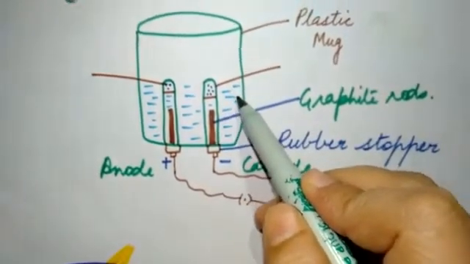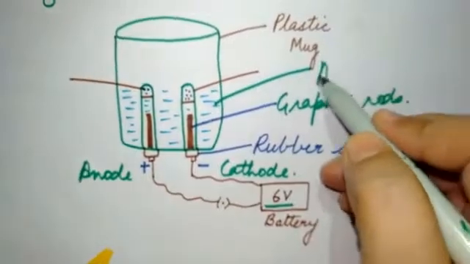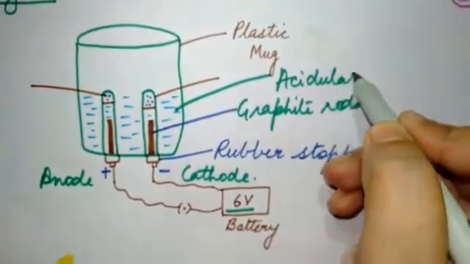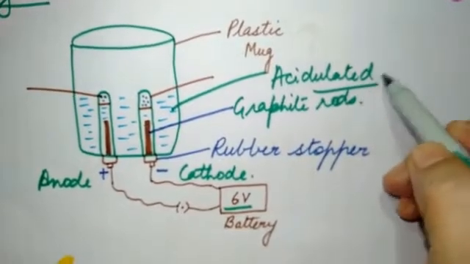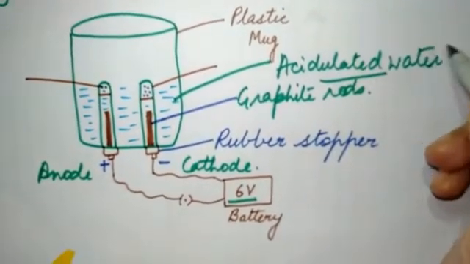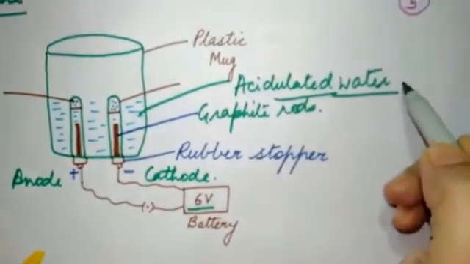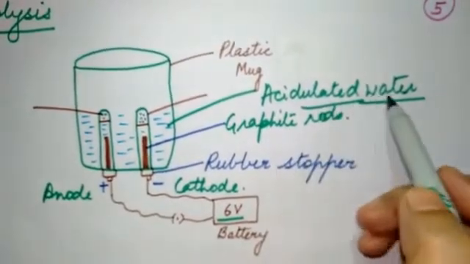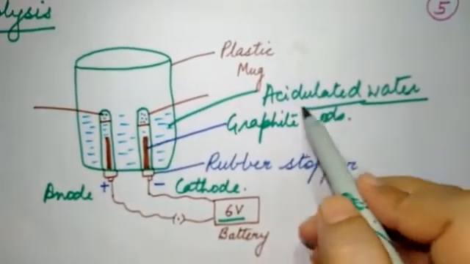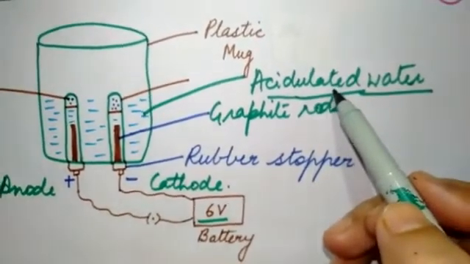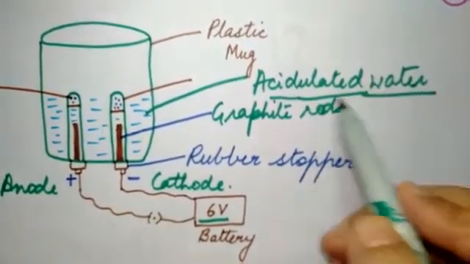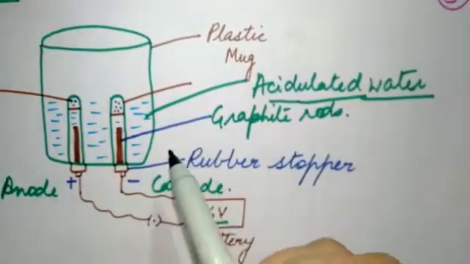Acidulated water means water along with drops of acid. We add this acid to make it conducting. Water is a conductor, but still to make the reaction fast, we add acid drops to it. Suppose we take dilute H2SO4 and add it.